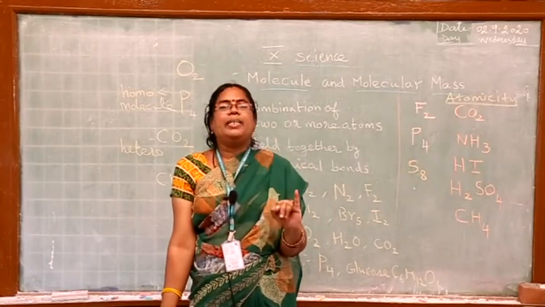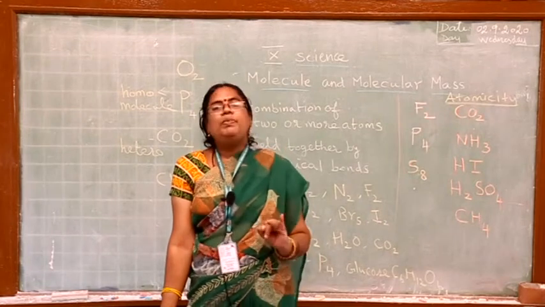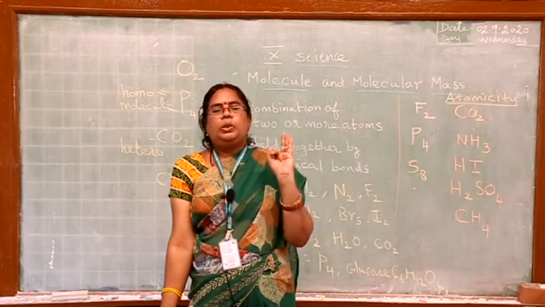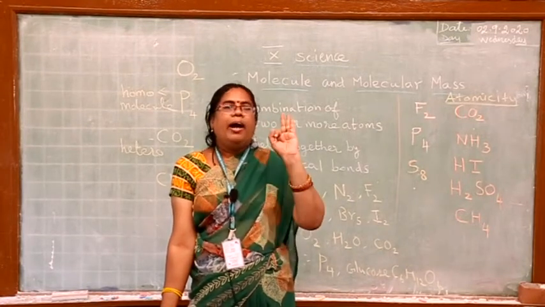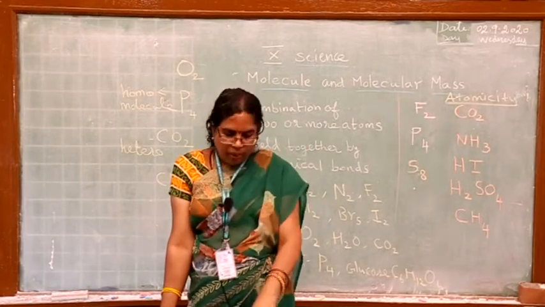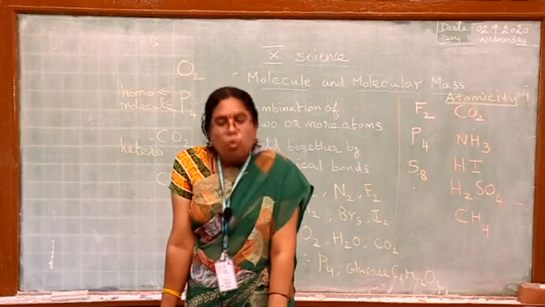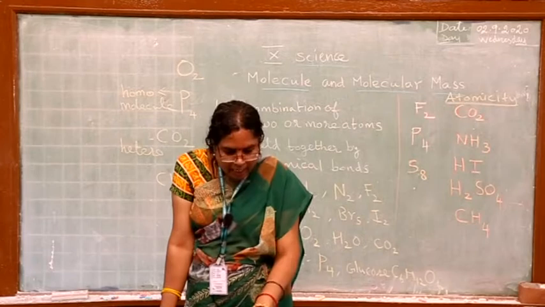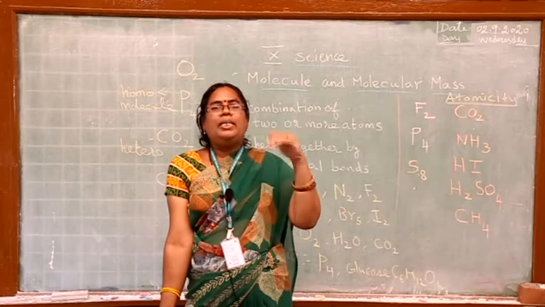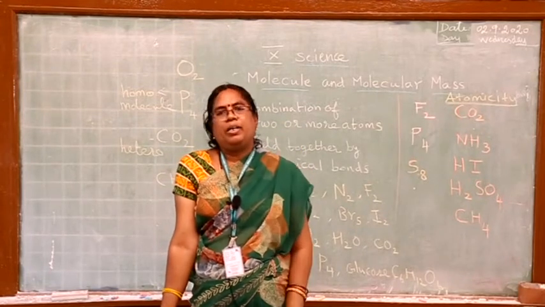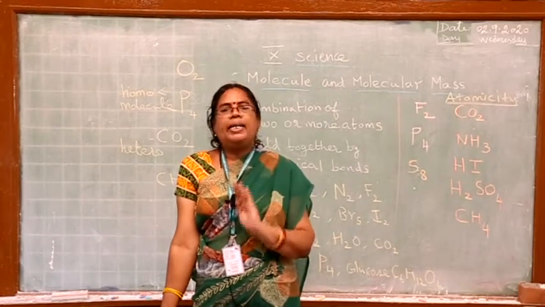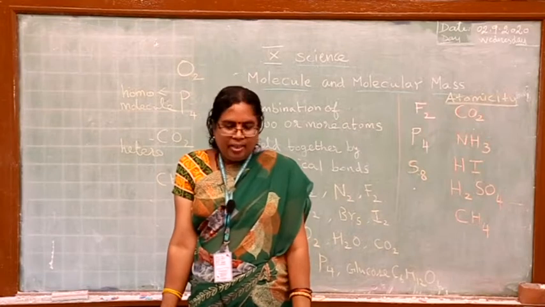It contains hydrogen atoms, sulfur atoms and oxygen atoms, so atoms of 3 elements. So it is a hetero molecule. It contains more than 3 atoms: totally 4 plus 1, 5 plus 2, 7. So more than 3 atoms means polyatomic. So H2SO4 is a heteropolyatomic molecule. Do you understand?